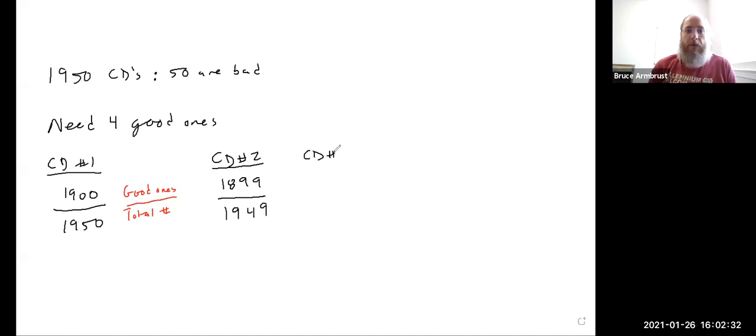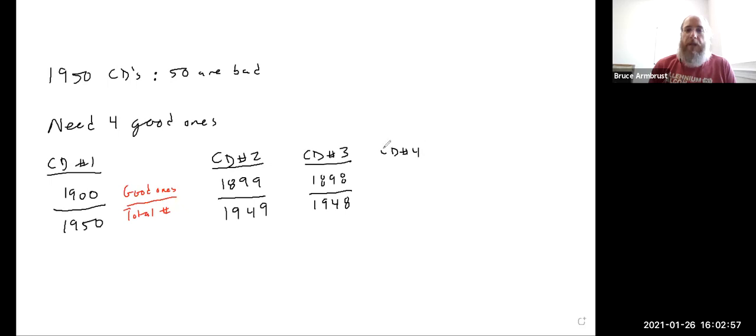Okay, well, we'll keep doing this. So we just pulled out 2 good ones. So we're going to remove a third disk. Well, now there's only 1948 total disks because I've already removed 2. And in terms of the good ones, there are only 1898 because we've already removed 2 good CDs.